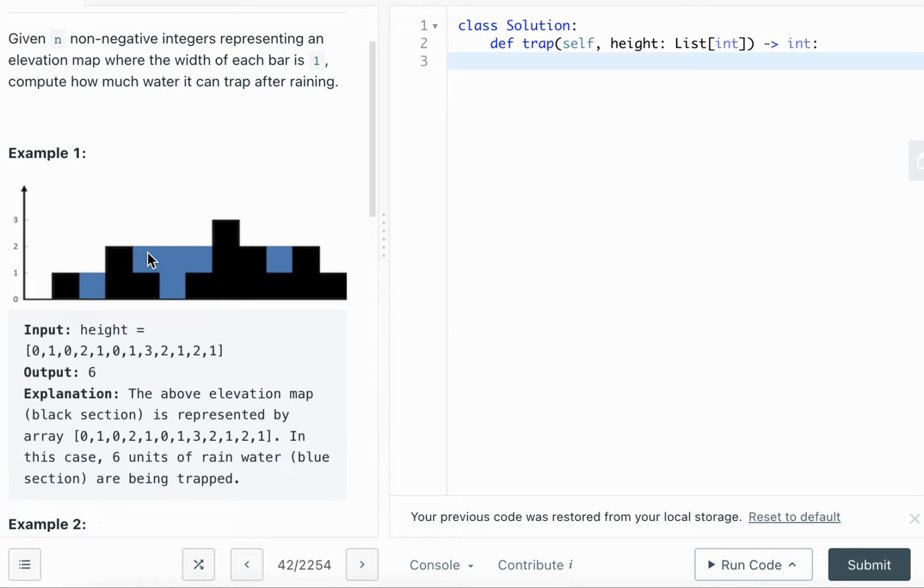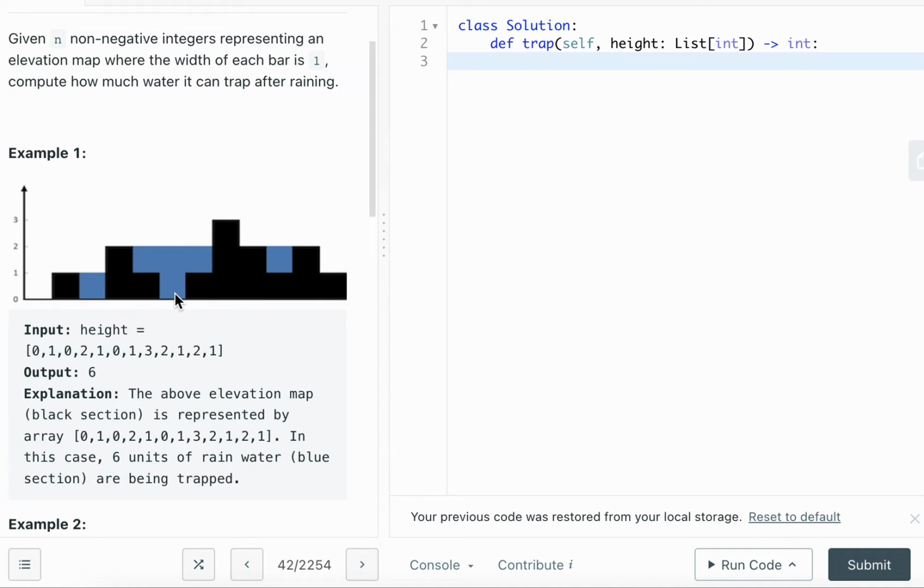Essentially, what you are comparing is not the direct neighbor on the right side, it's the max value on the right side. Then you compare the height with the right max, the minimum is what it can hold, and you also need to subtract the height of the bar itself. So this is the 1 unit it can hold.